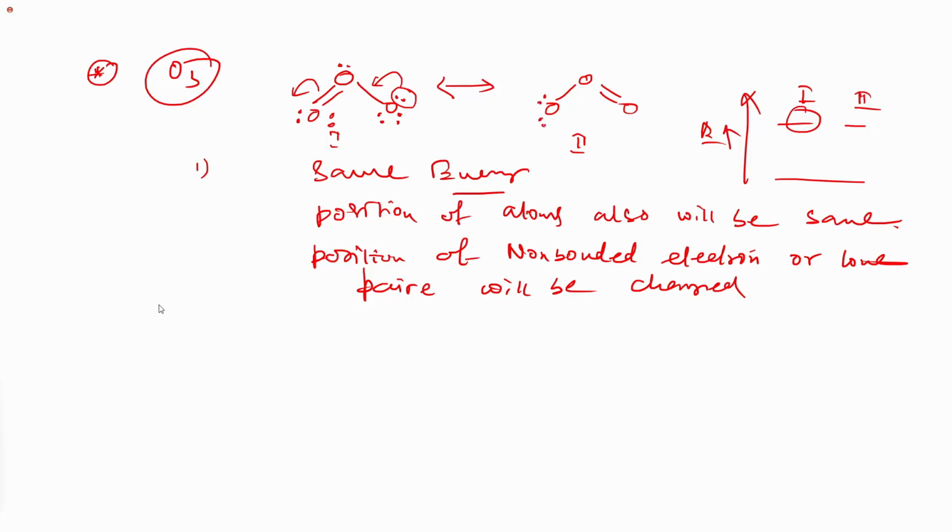Here there are now two lone pairs, and here there are three lone pairs. So the positions of the lone pairs and the bonded electrons change, but the positions of the nuclei will always be the same.